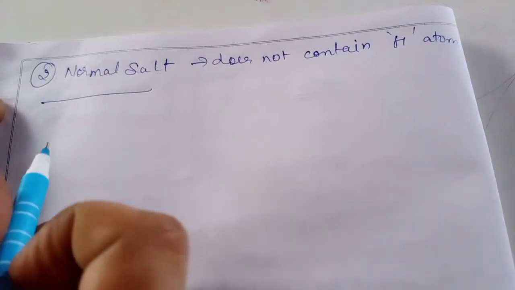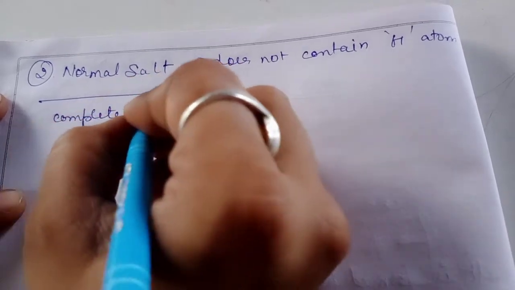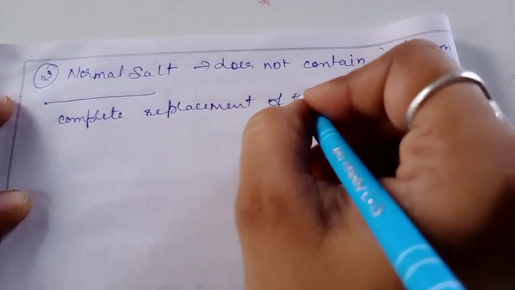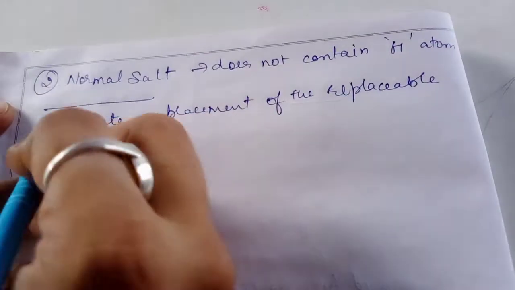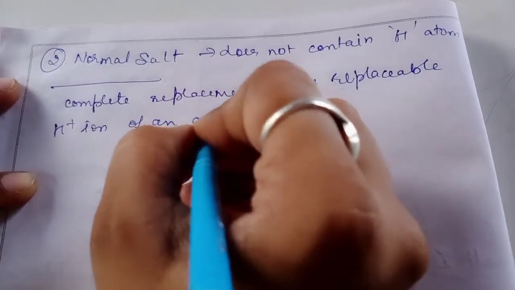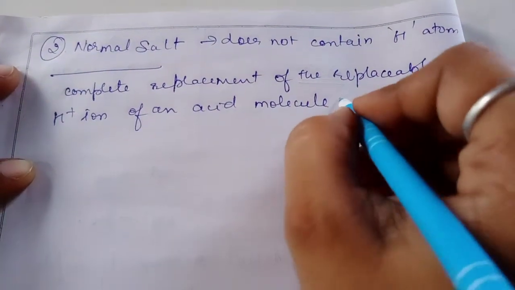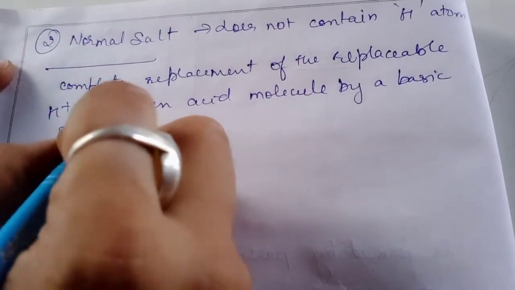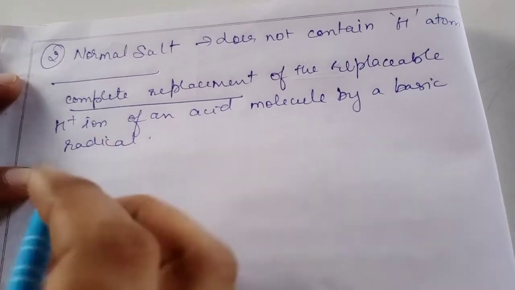The second thing is it is formed by complete replacement of the replaceable hydrogen ion of an acid molecule by a basic radical. Now children, here complete replacement will take place.